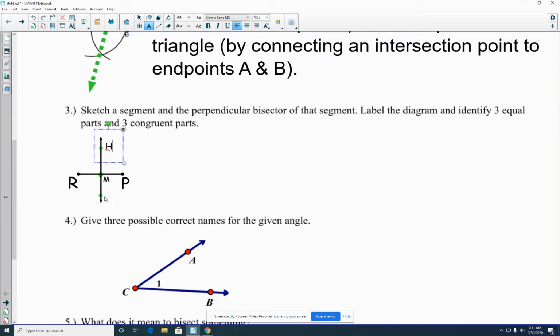I'm going to label that H, and down here S. So now I can start identifying some things based off of my labeling.